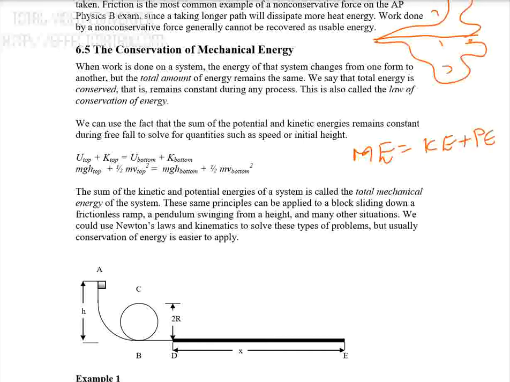In some situations kinetic energy becomes 0, in some potential energy becomes 0, and in some situations both are different from 0. But in all situations, the mechanical energy of the system is unchanged, or constant. When kinetic energy is 0, all energy is converted to potential energy, and when potential energy is 0, all energy is converted to kinetic energy. But the total mechanical energy of the system is always constant.